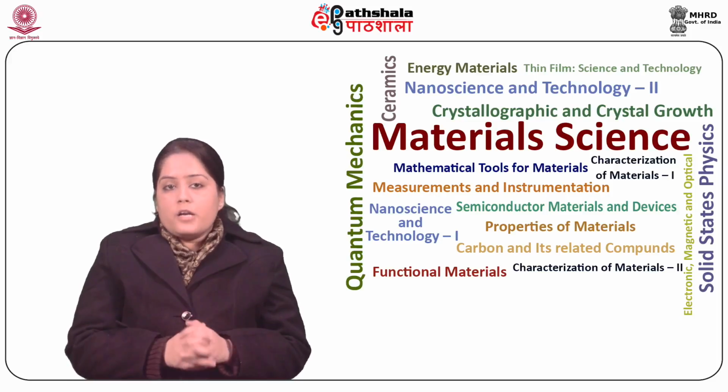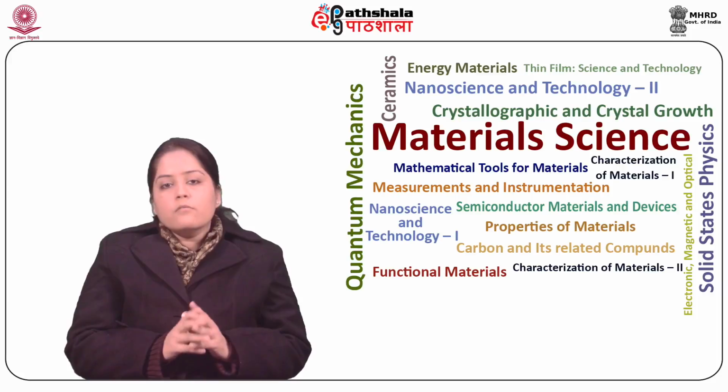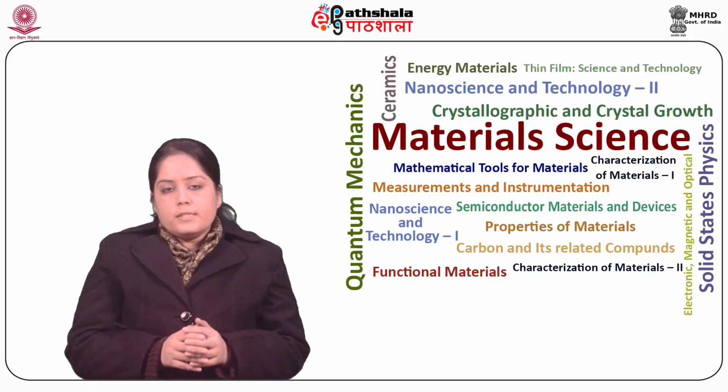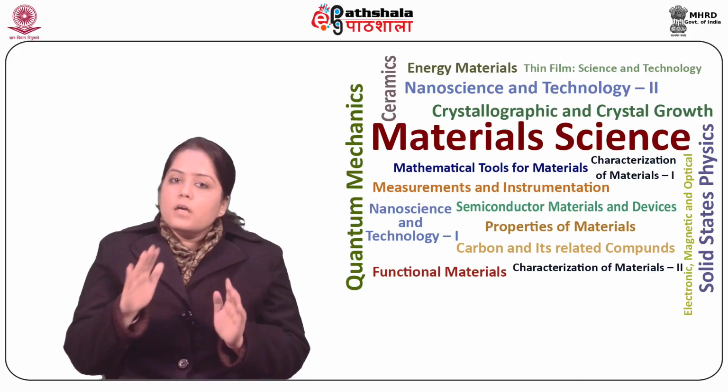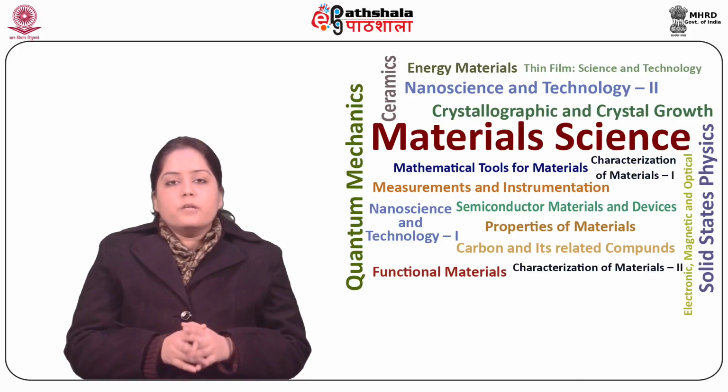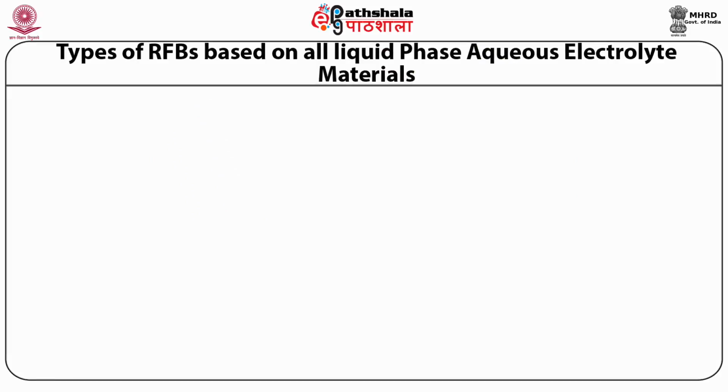In hybrid RFB systems, one of the redox couples involves solid species or gaseous species at the half cell during the whole charging process. Types of RFBs based on all liquid phase aqueous electrolyte materials.